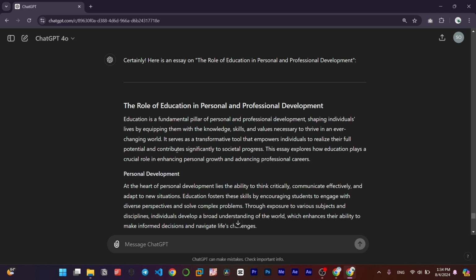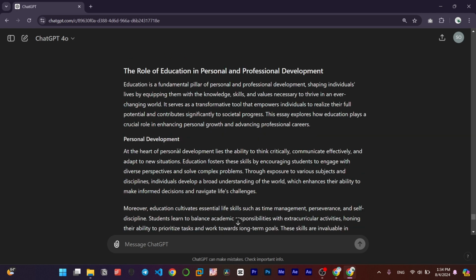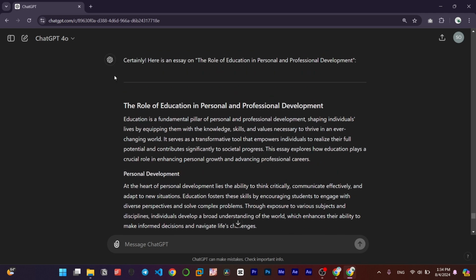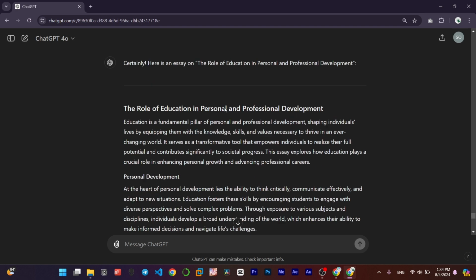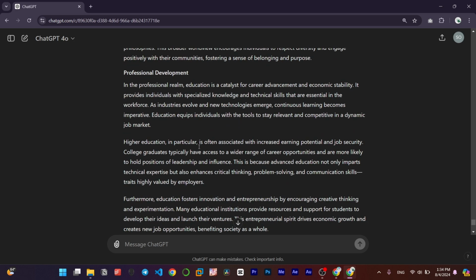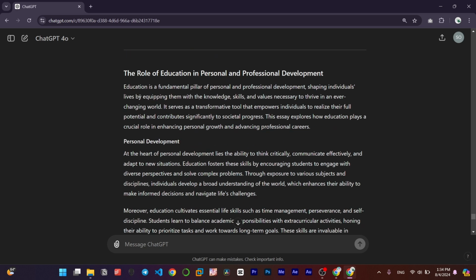All of this can help you for writing a great essay. So this is great for ideas, for how to write, for the vocabulary, the structures, and anything else. You can take ideas from it. Education is a fundamental pillar of personal and professional developments, shaping individuals and others.